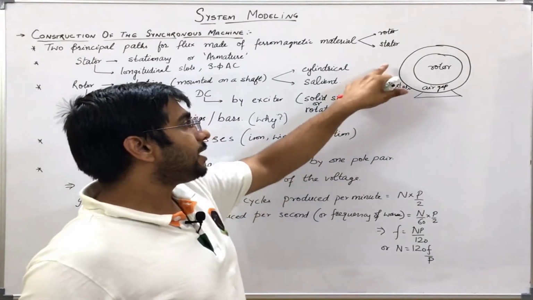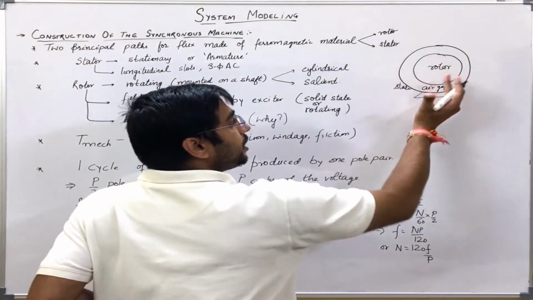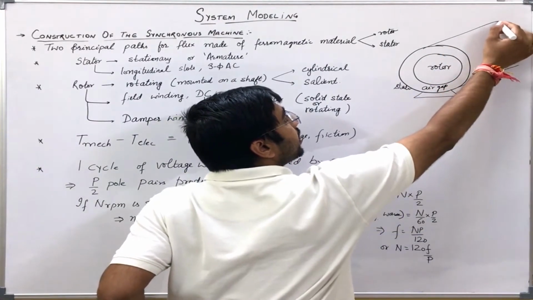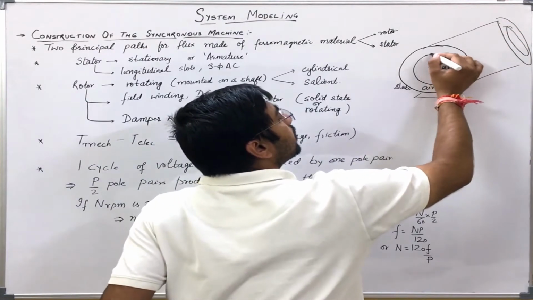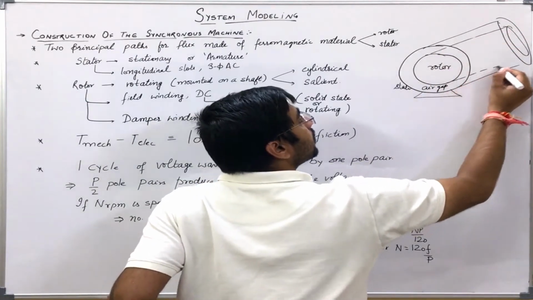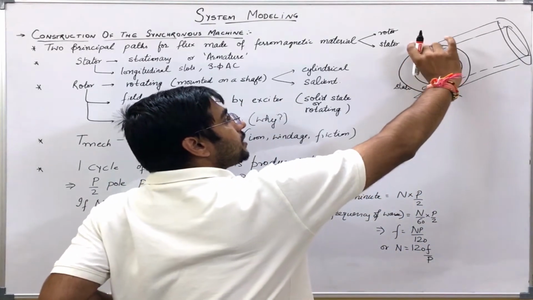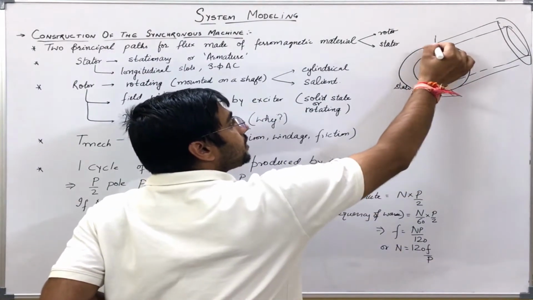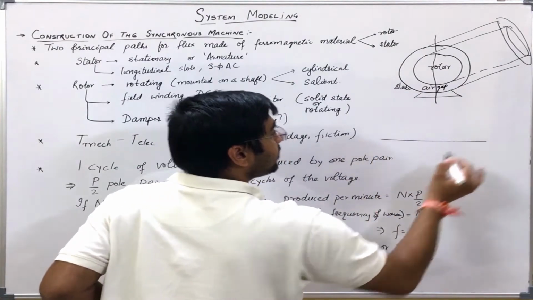Let us first try to see the stator part. In the stator, if I try to show it longitudinally, that is along the length of the machine or the generator, let us say this is this portion. I try to cut this portion like this and expand it flat like this.